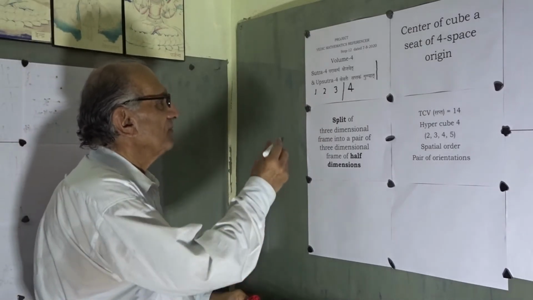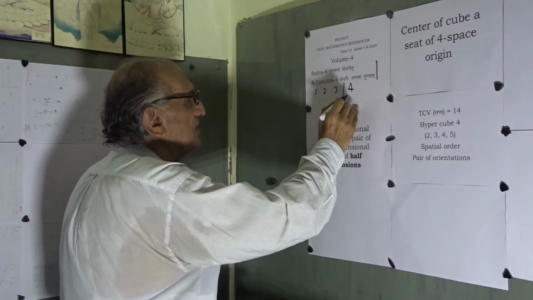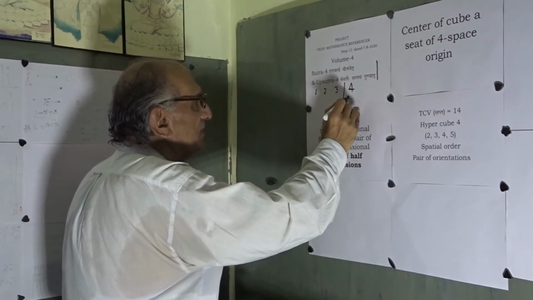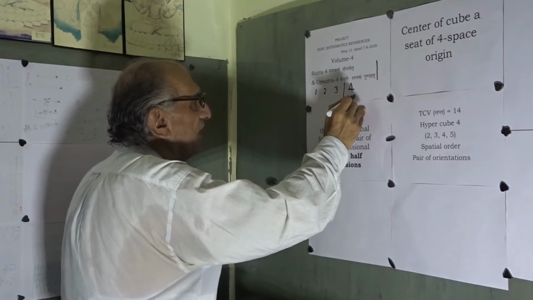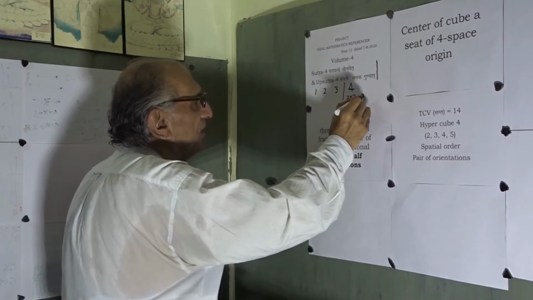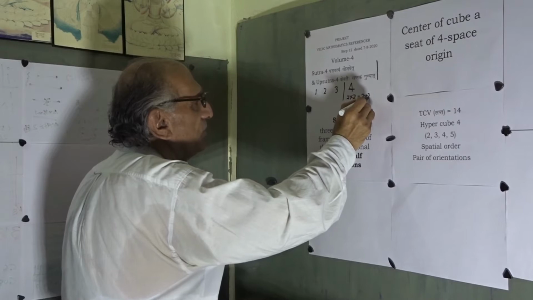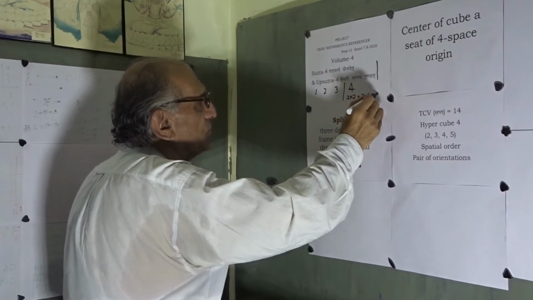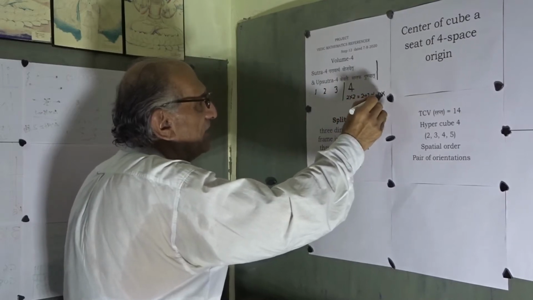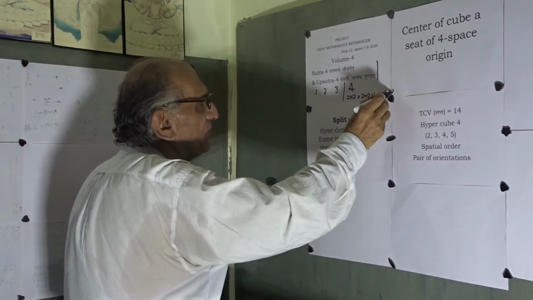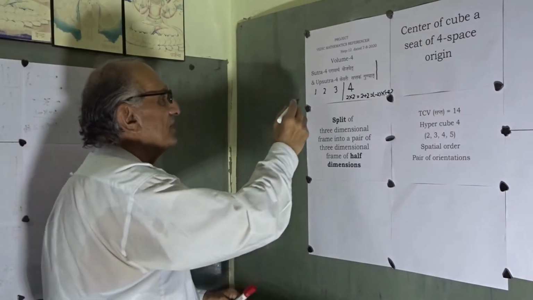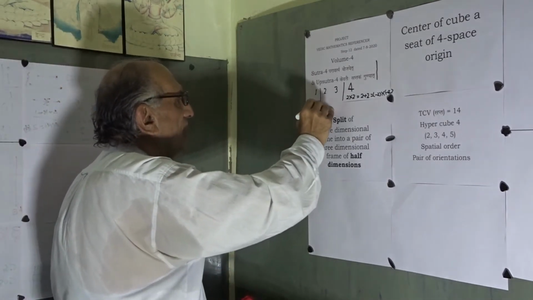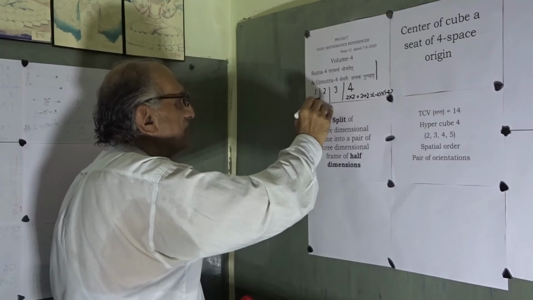Here we see that this is the first composite number, of the organization 2 plus 2 is equal to 4, is equal to 2 cross 2 is equal to 4, is equal to minus 2 cross minus 2 is equal to 4. Now, these three numbers are not composite numbers.